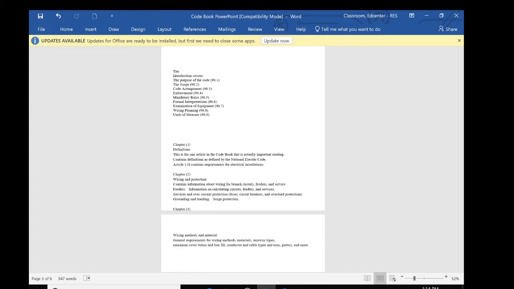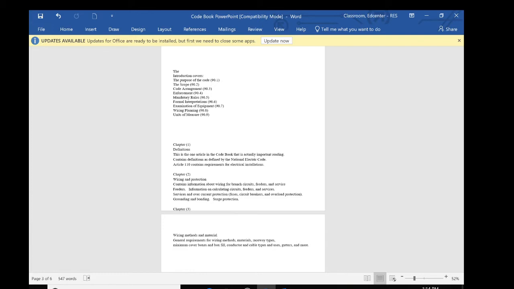So if it's an informational note, which is in the smaller writing, it's not enforceable. They're just giving you that as information that they think can help you, but it's not actually a code rule. It's just information.